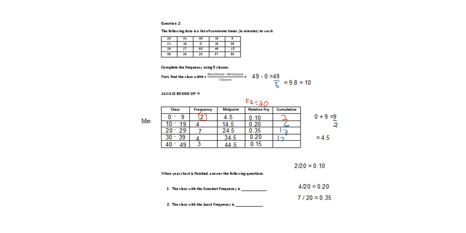And finally, 17 plus 3 is 20. And I noticed that the last cumulative is 20, so that tells me that we're right.